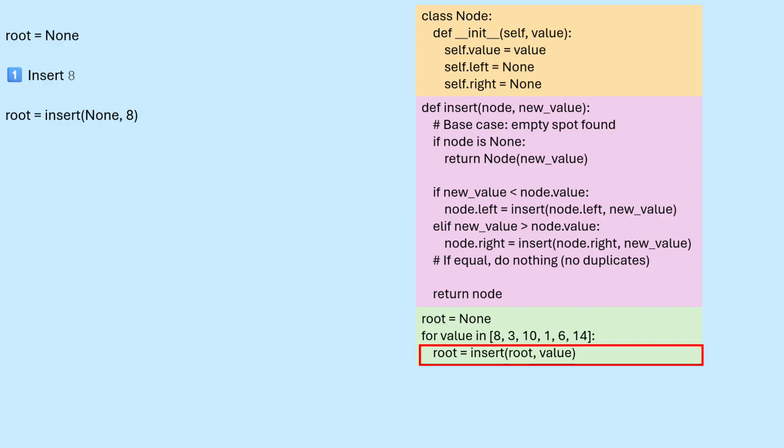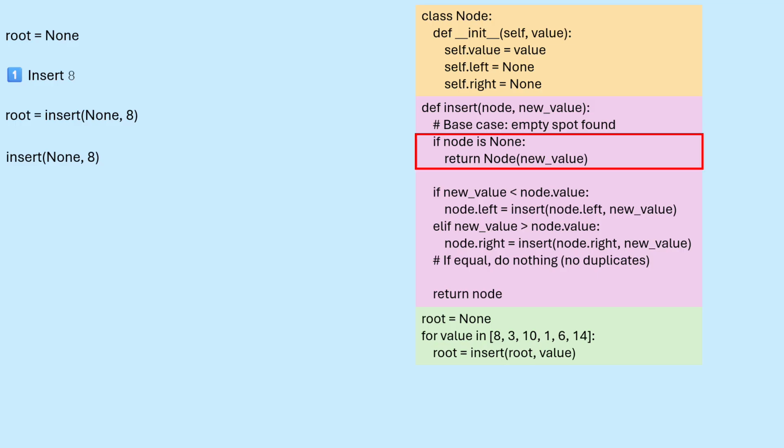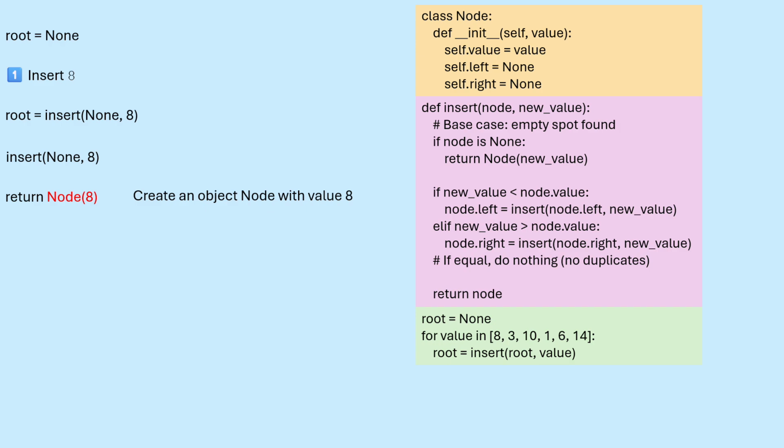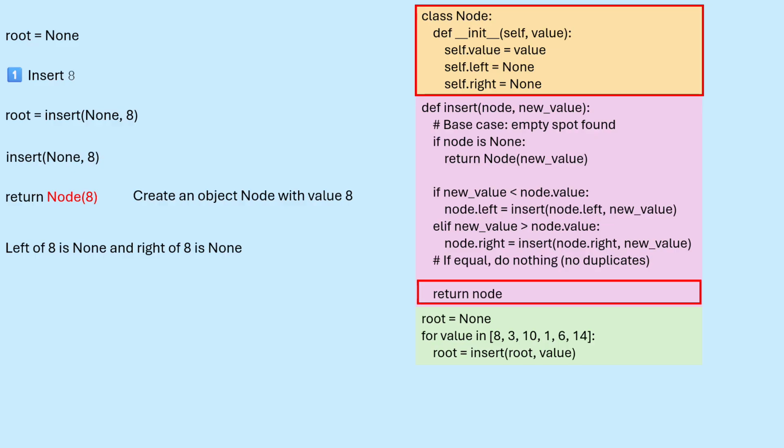When the root is None, we call that function, but the root is None, so we're now going to return the node 8, and we create a new object, a new node with a value of 8. At this point, it's going to call for an instance of the node, so node 8. Now, the left of 8 is None and the right of 8 is None. We're now going to return the node.